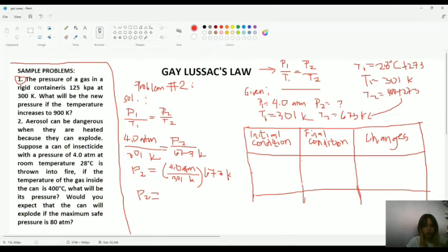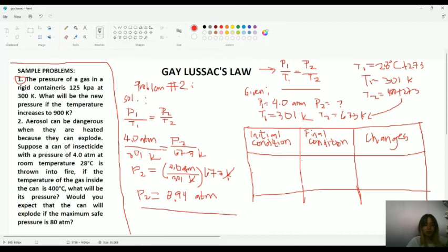May nakuha tayong 8.94. Cancel out the same units, Kelvin. So, naging atmosphere na yung unit.